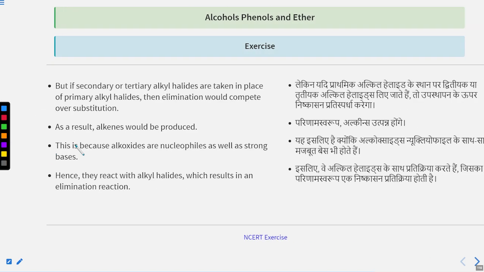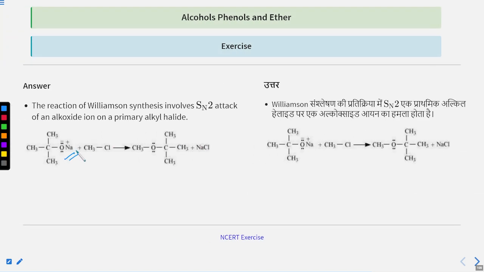Now in the place of this, suppose we have used it in this fashion, right? Here is the Br and here is CH3O⁻ Na⁺.